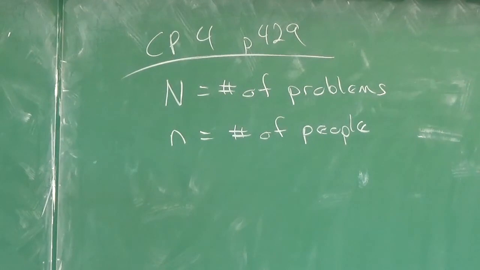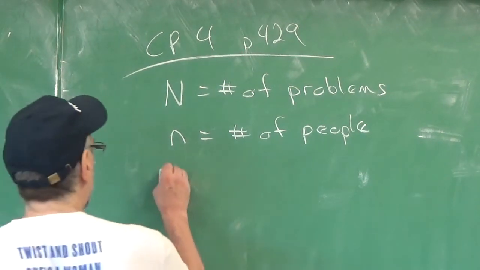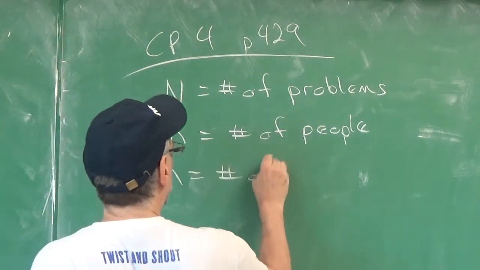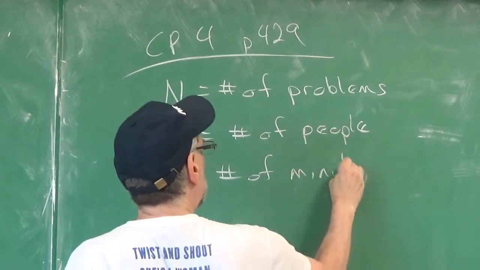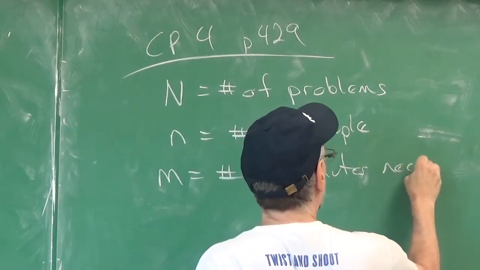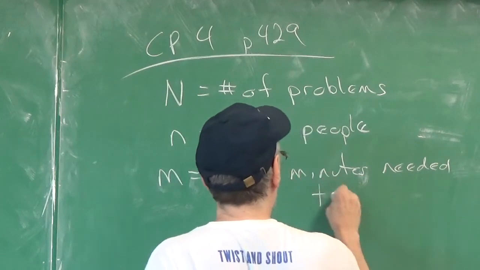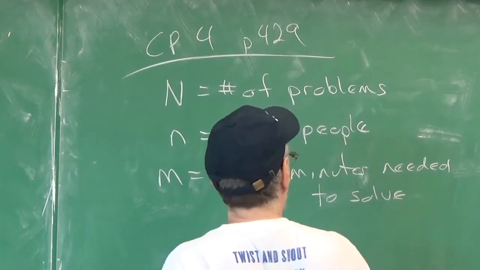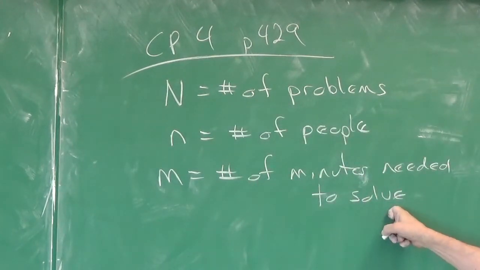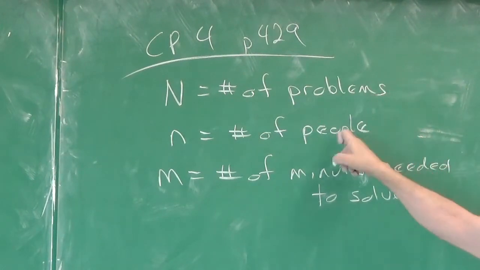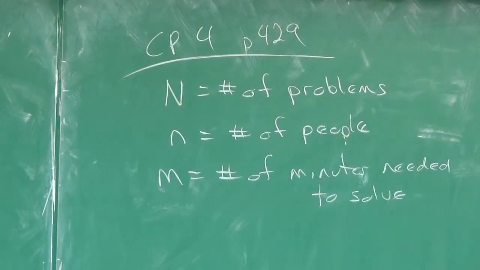So there are two things going on, right? The number of minutes needed to solve this many problems if this many people are working together on them.